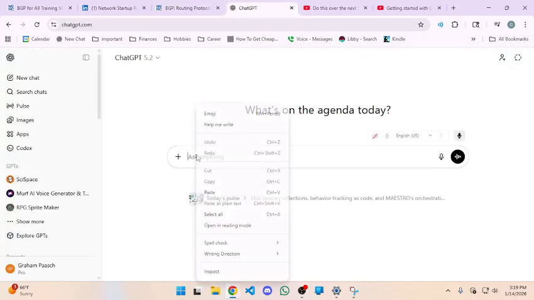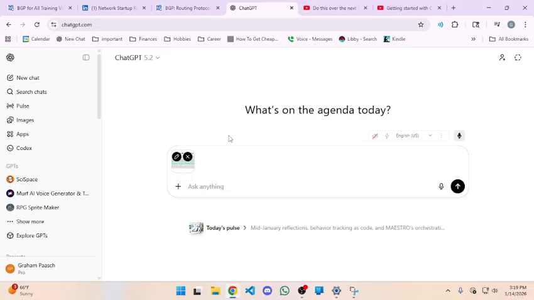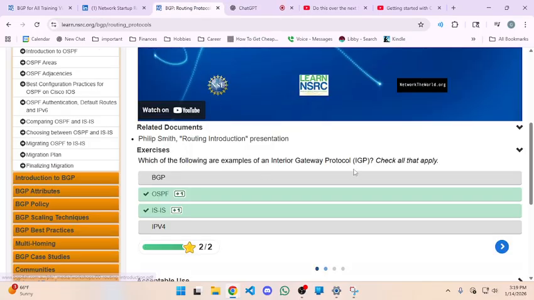But do you think this is a little bit of a trick question, where if it were listed as eBGP and IBGP as two answers, so that you had five options to check rather than four, the correct answer would be checking IBGP but not eBGP, and then checking OSPF and ISIS? Or do you think in that case you would have to leave IBGP and eBGP unchecked?